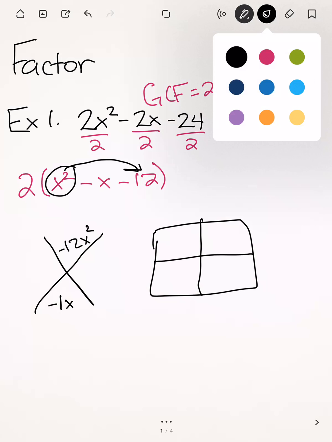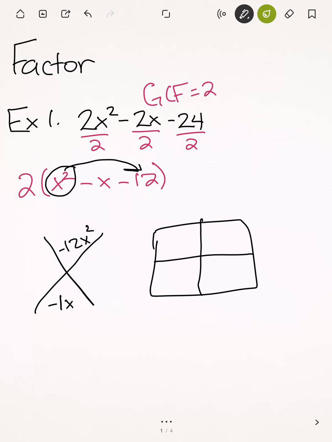So I have to ask myself, what can I multiply to get the top and add to get the bottom? So I'm going to list all my multiples of 12. So I have 1 and 12, 2 and 6, 3 and 4. So I need to know what can I multiply to get a negative 12, add to get a negative 1.